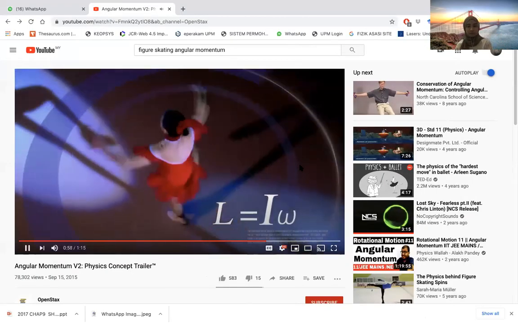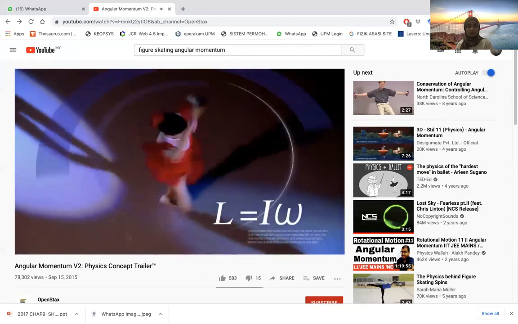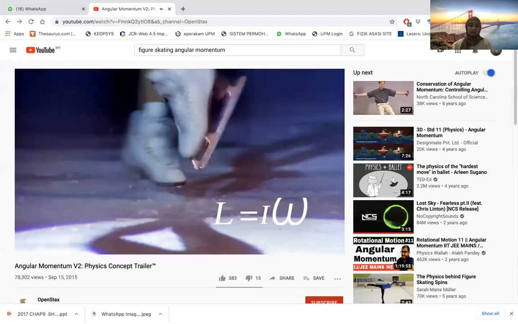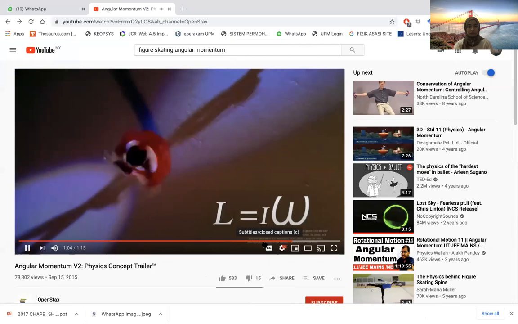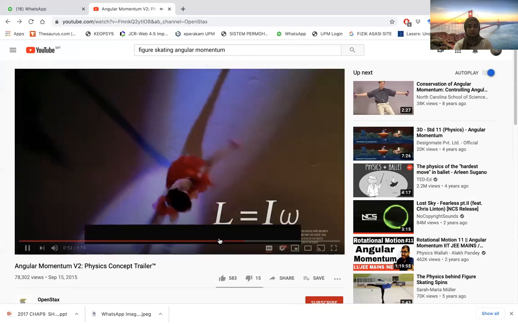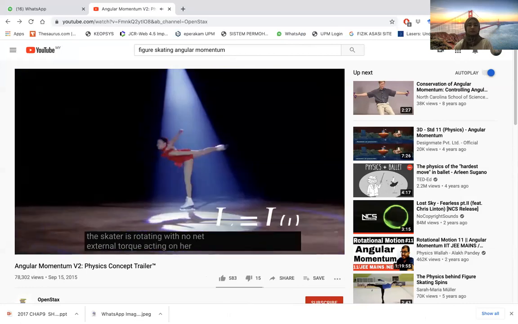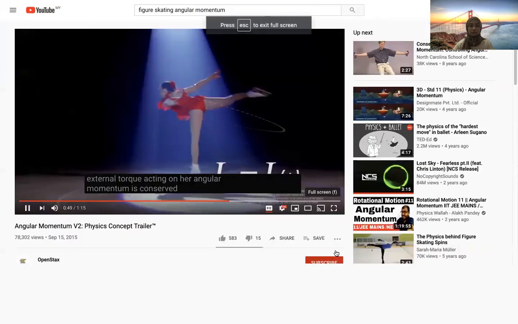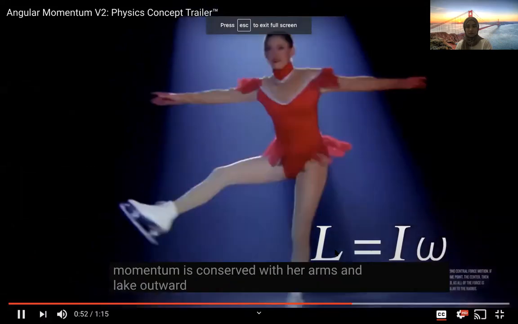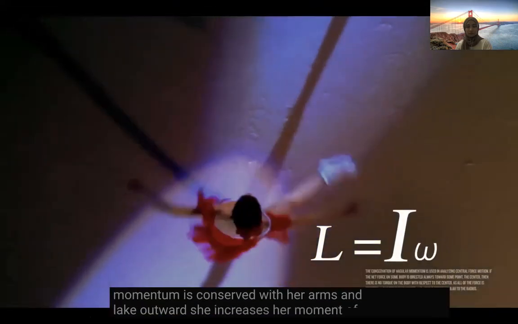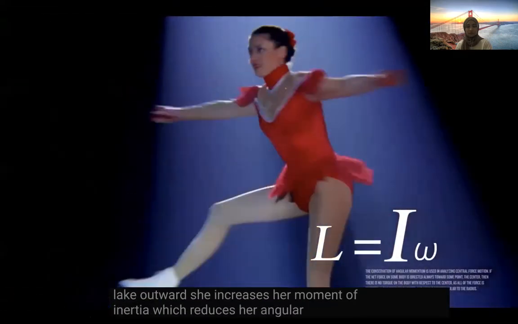As she pulls her arms and leg inward, she is able to spin faster since her angular velocity increases while her moment of inertia decreases. No net external torque acting on her. Angular momentum is conserved. With her arms and leg outward, she increases her moment of inertia, which reduces her angular velocity.